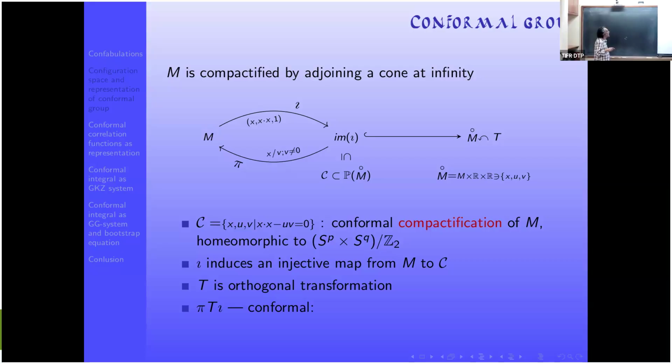Once I embed it in this two-higher-dimensional space, which I write as M circ, the angle-preserving transformations here are orthogonal transformations here. So first I embed M into this cone with this i, do an orthogonal transformation T here, then come back with the projection pi.